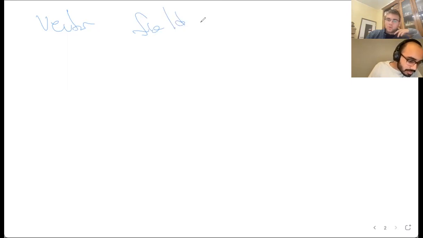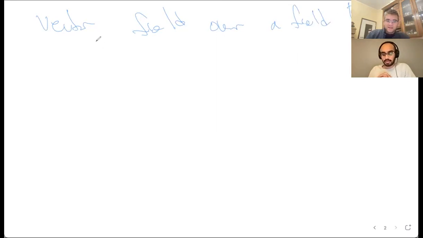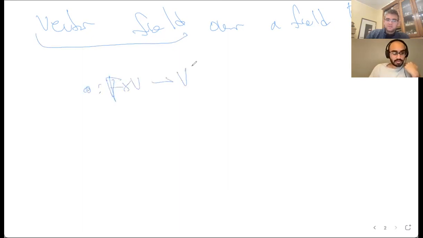You should always say vector space over a field F, because to define it you need the multiplication F cross V to V, so you need an F beforehand. 99% of the time it's just going to be R or C, but technically nothing stops it from being other fields. That's quite weird, so always R or C.